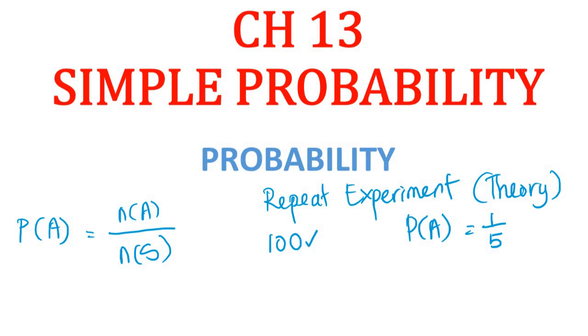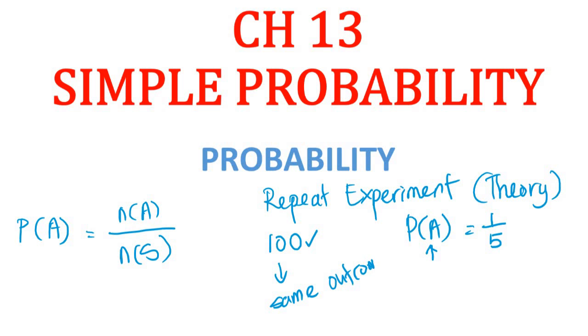In 100 times, how many times should I get A? Something like that, the question will ask. Because the probability is 1 over 5, when you repeat 100 times, you will get the same outcome, according to the theory.